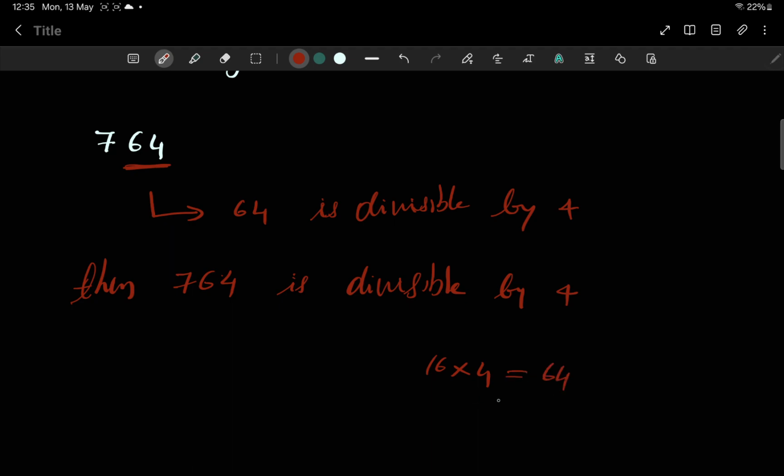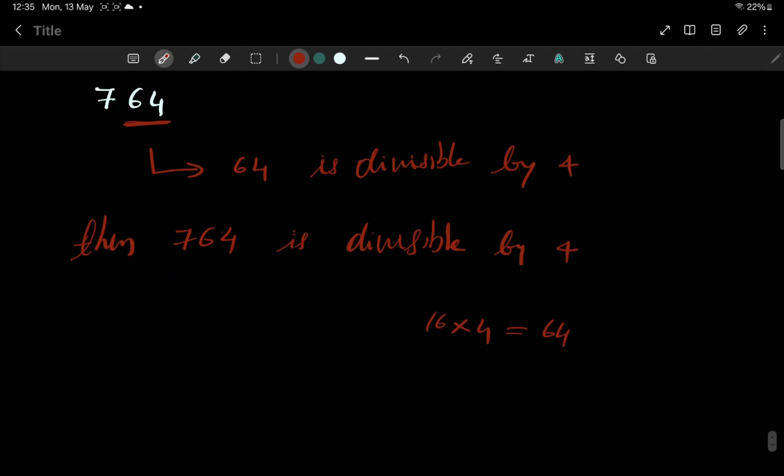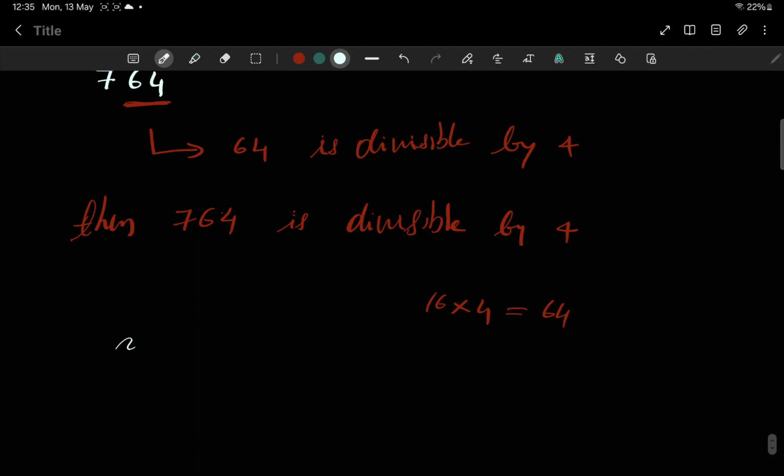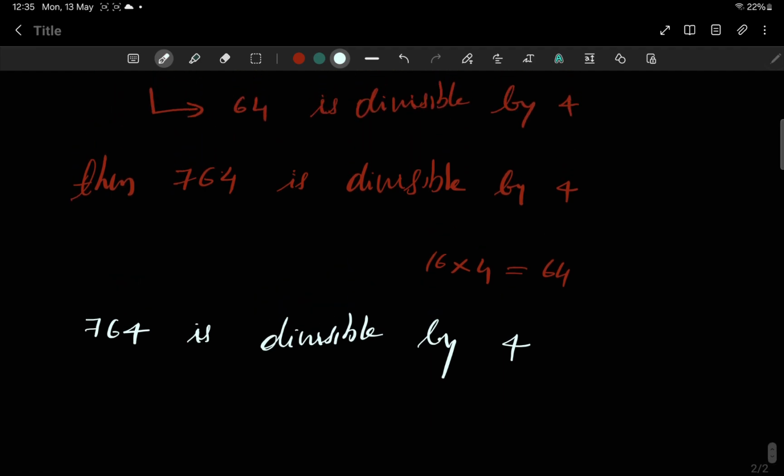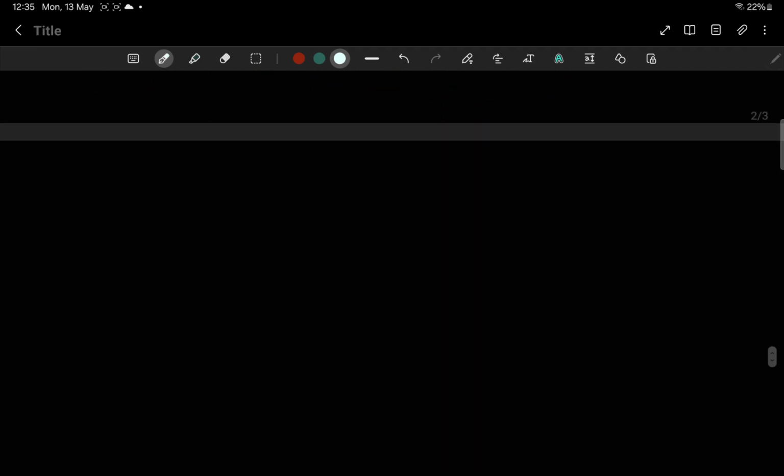So 64 is divisible by 4. So therefore 764 is divisible by 4.